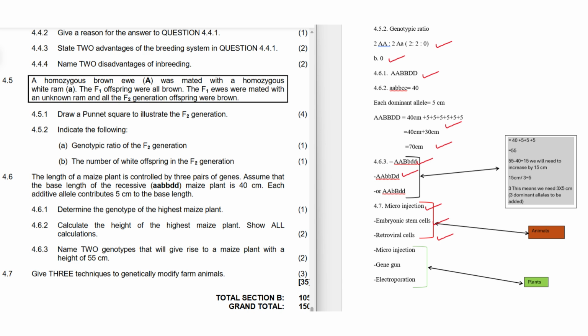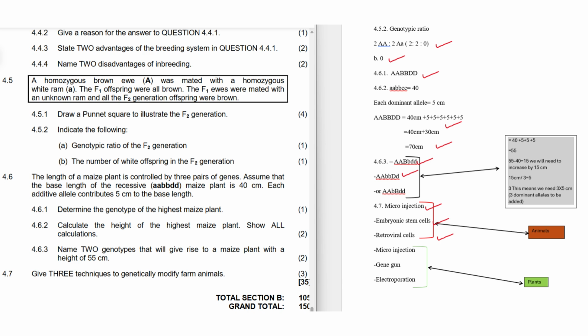I need 15. So 15 divided by 5 is 3. That means I will need 3 fives.